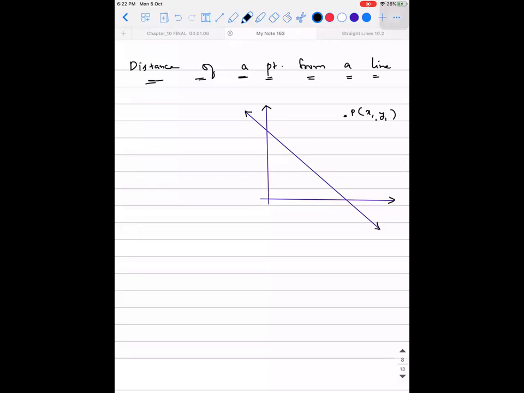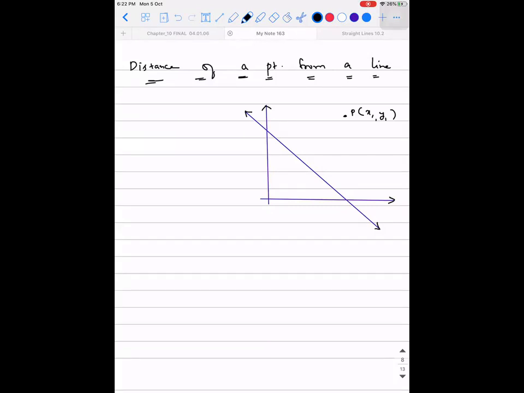When I say distance to a line, there are many distances that are possible, right? I can take any distance. How many points can we take on a line? A line has an infinite number of points, right?